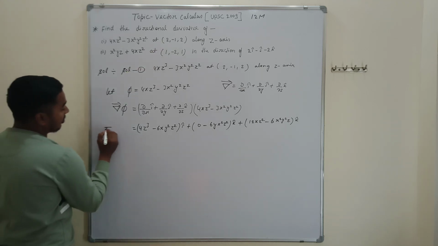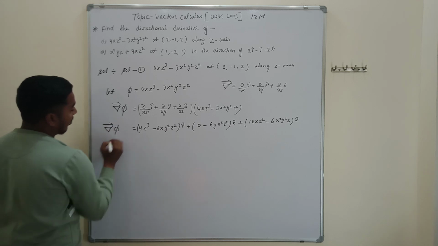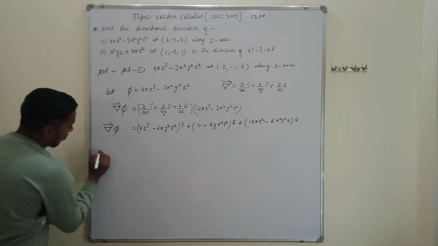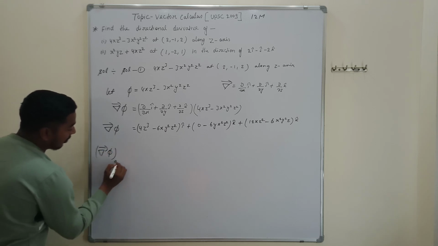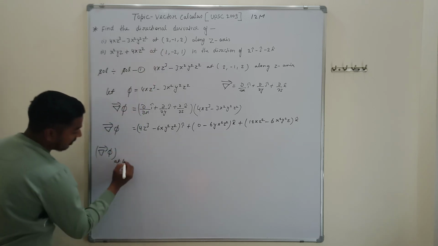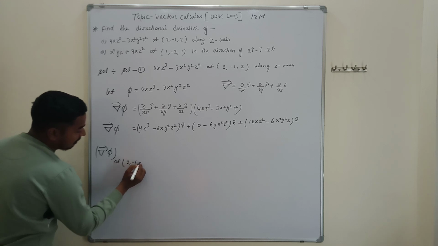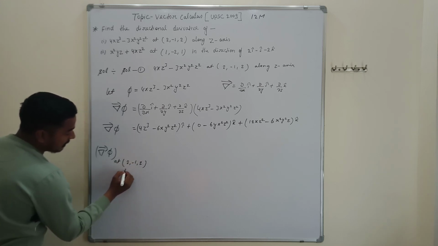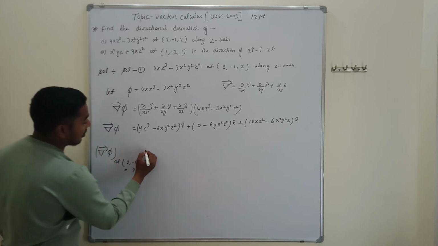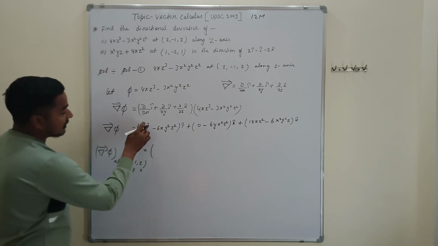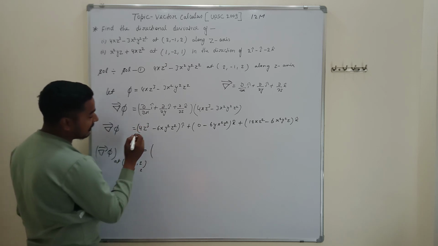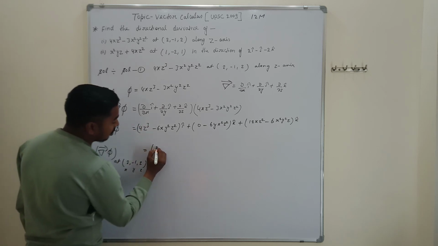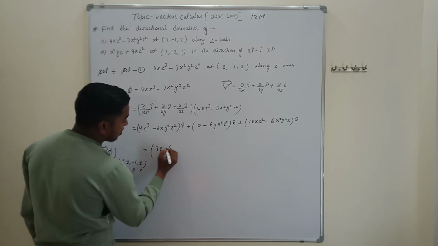We have to find the directional derivative at the point (2, −1, 2). Here 2 represents x, −1 is y, and 2 is z. We put these in. In place of z³ we put 2, and 2³ gives 8, and 8 fours are 32, minus 6.